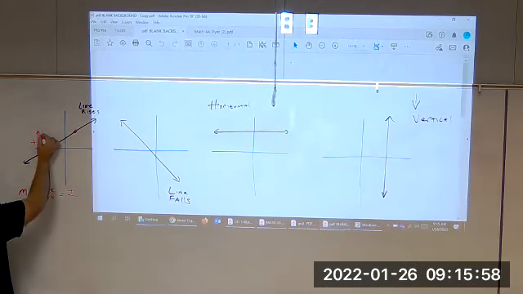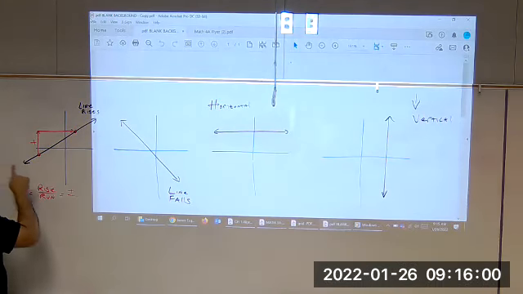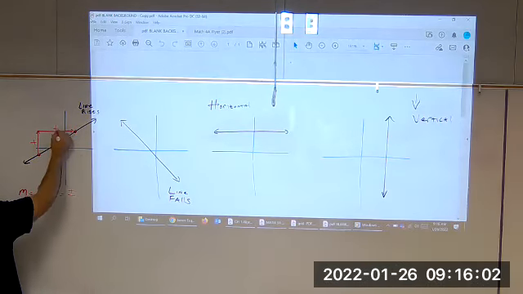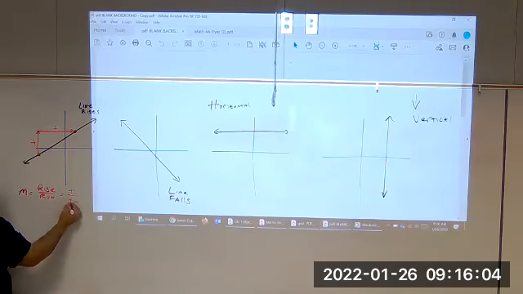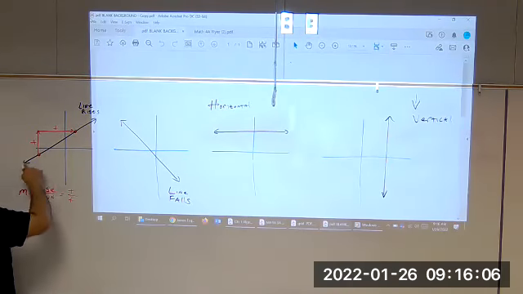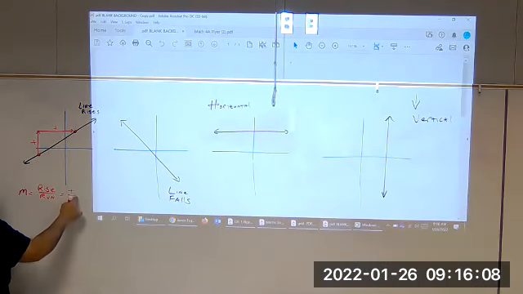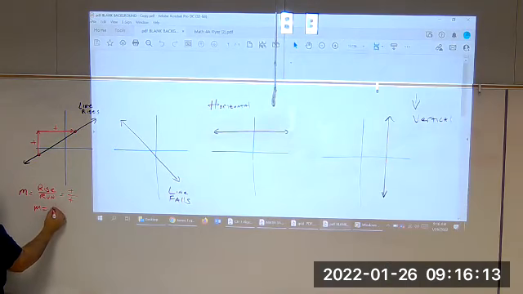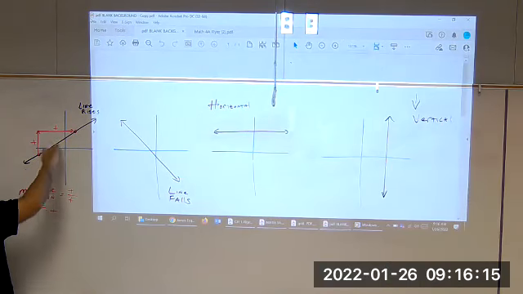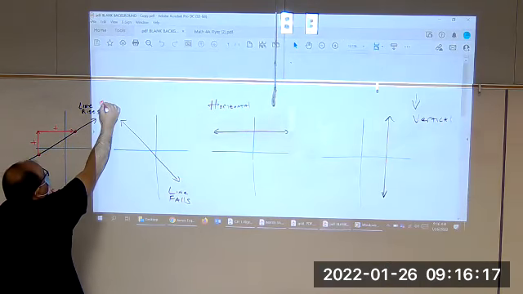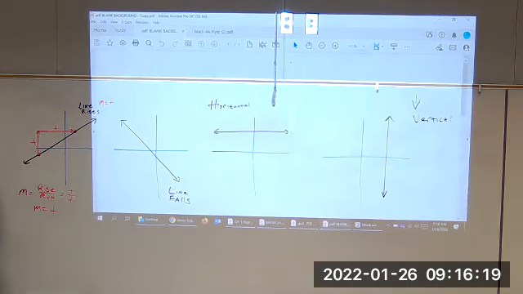The run is to the right. If you go to the right, that's a positive direction. So the slope of a line that rises would be a positive over a positive. So the slope of this line has to be positive if it rises. That's what we use in calculus to determine if something's increasing. If the slope at that point is positive, it increases.